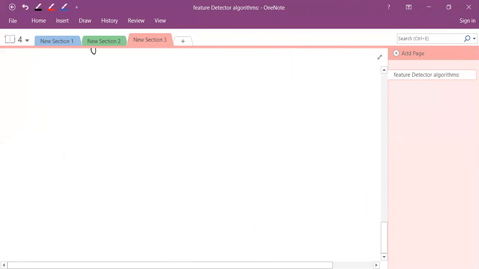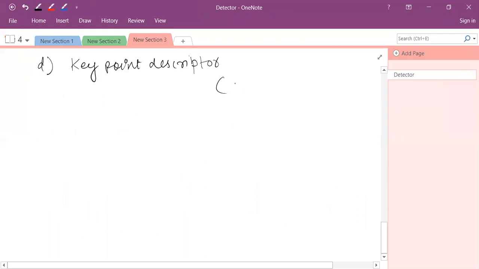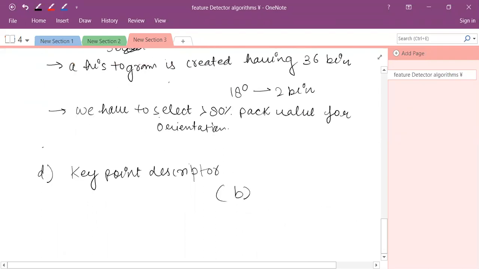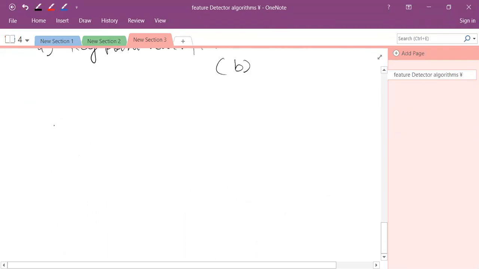Since it is integrated with point B, I directly jump to the last point, that is called key point matching.